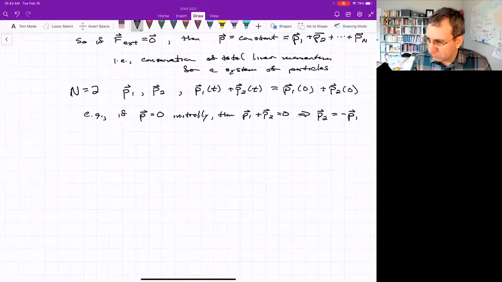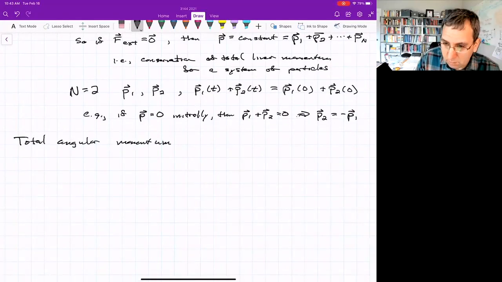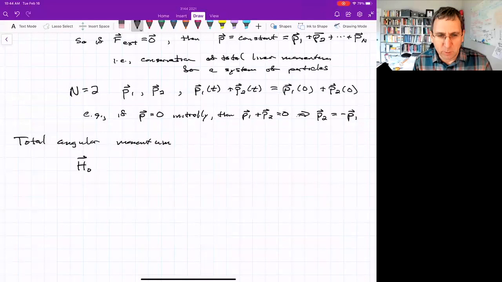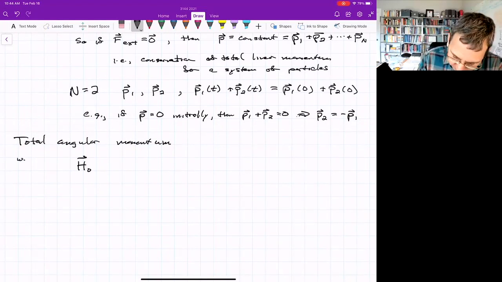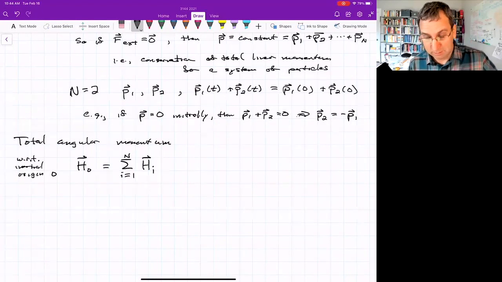We could define the total angular momentum for a system. So remember, the angular momentum's weird in that you always have to define it with respect to some reference point. So if we use the inertial origin as a reference point, so let's say with respect to the inertial origin, O, this is going to be the sum of the individual angular momenta of each point.